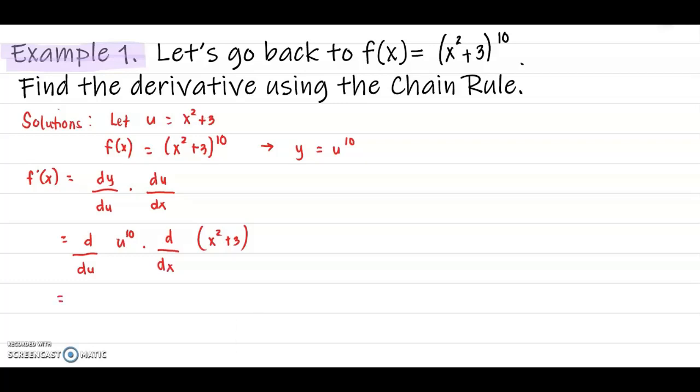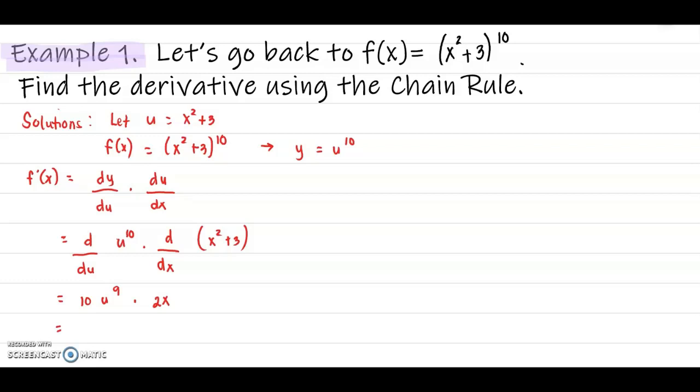Now find your derivative: the derivative of u^10 is 10u^9, times the derivative of x^2 + 3, that is 2x.